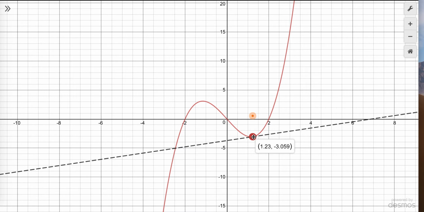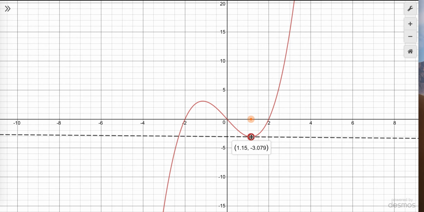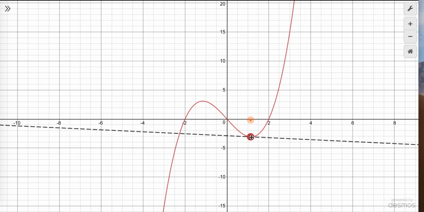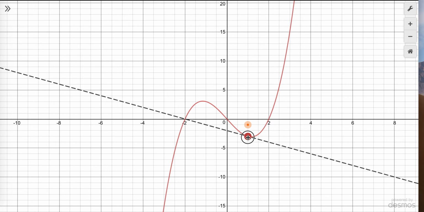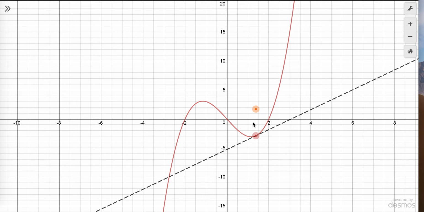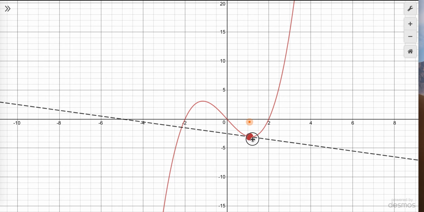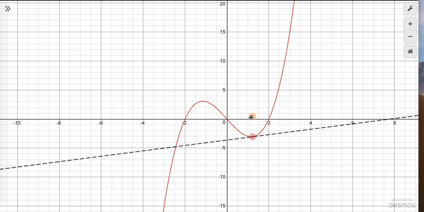Okay, I can maybe move this over a little bit. Somewhere in here, you can see the point cross over. When my tangent line becomes perfectly horizontal, that's where I'm going to cross. So basically, I'm going to cross right here.